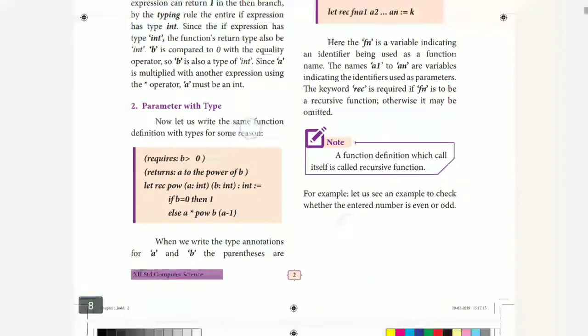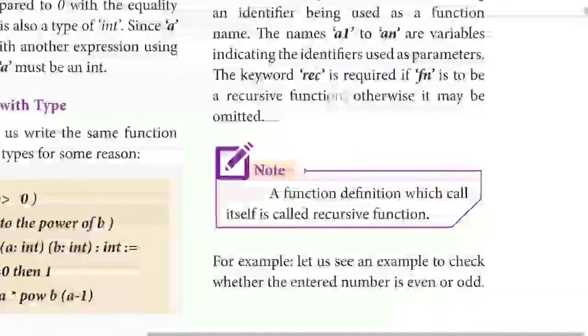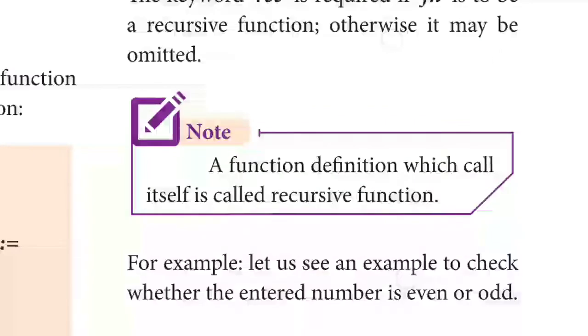So the next thing is the function definition. A function defined which calls itself is called a recursive function. So this is also a type of function. The function will be calling itself, and that is known as a recursive function. We have seen this in the last year syllabus itself.